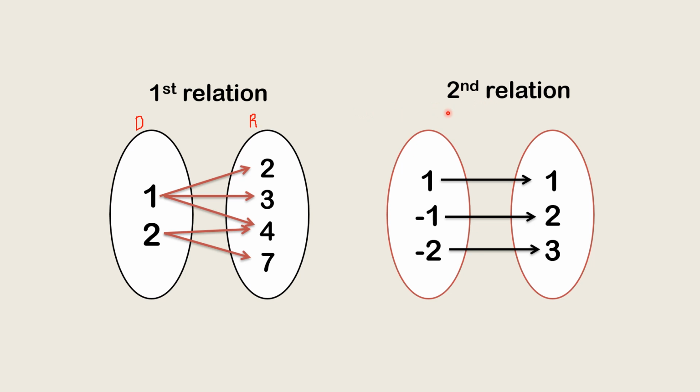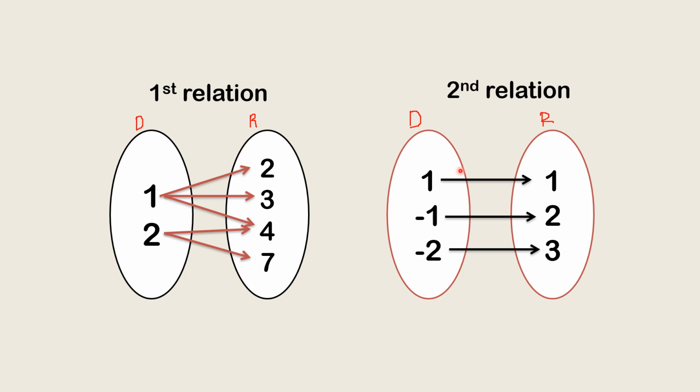Now, let's have naman the second relation. Kasi we will identify the difference between the two relations. Okay? Yung sa domain natin, gamit lang ako ng pen. Okay. Ito si domain at ito naman si range. Syempre, of course, meron tayong set of arrows, okay? I have here 3 elements of the domain. So, 1, -1, and -2.